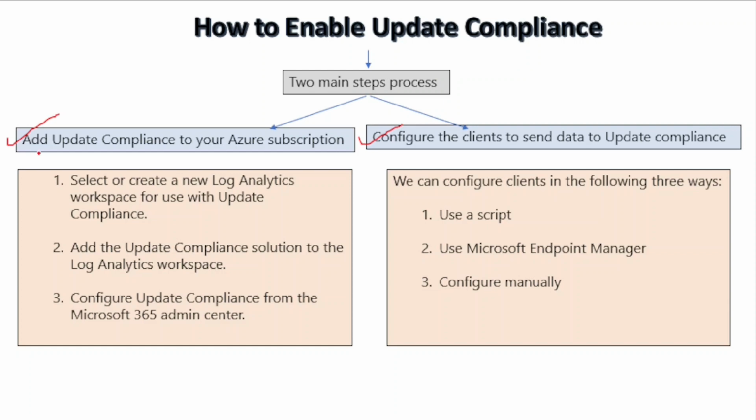Within adding Update Compliance to your Azure subscription, the first step is to select or create a new Log Analytics workspace for use with Update Compliance. Then we have to add the Update Compliance solution to the Log Analytics workspace, and then we have to configure Update Compliance from the Microsoft 365 Admin Center footer.